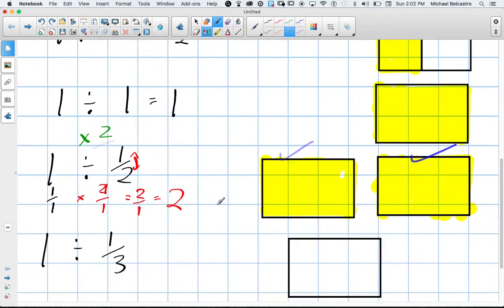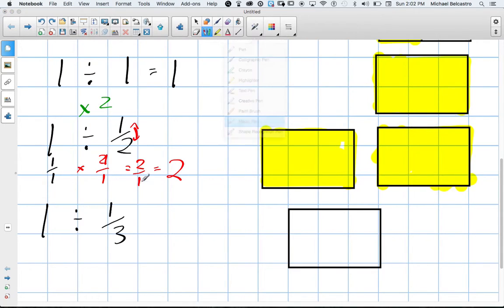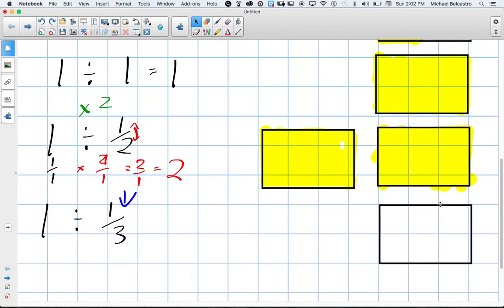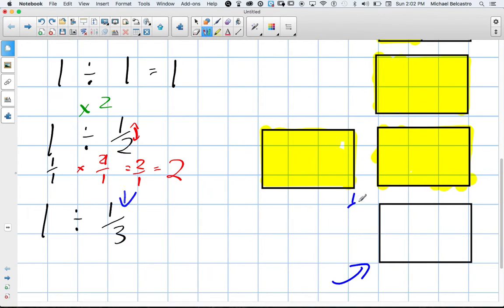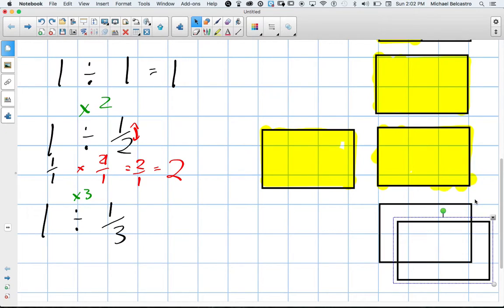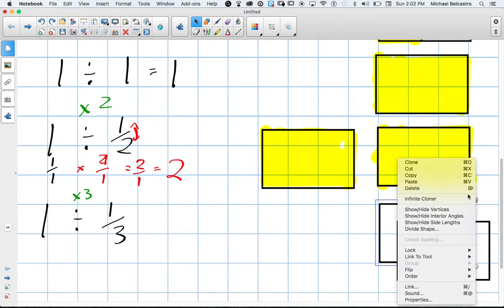With that being said, a third is smaller than a half, so this number is decreased again. Here's our original piece. We need this original piece to be a third of our final answer. Well, to be a third of our final answer, we essentially need 2 more of these. We need to multiply by 3. Remember we said that would be the shortcut. So I'm going to clone this twice here, and one more time.